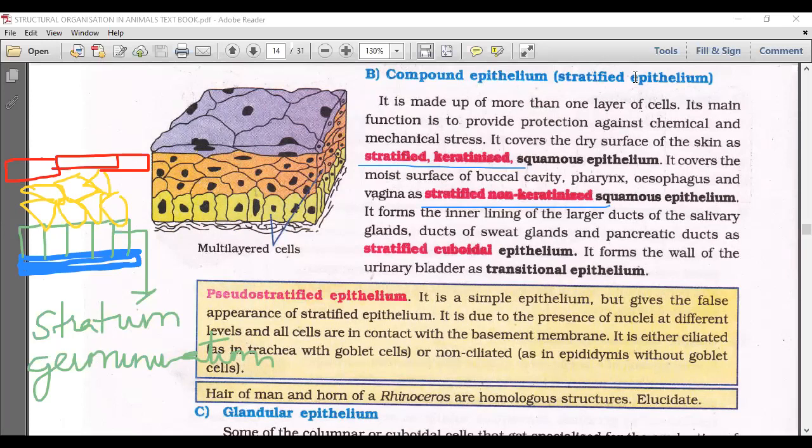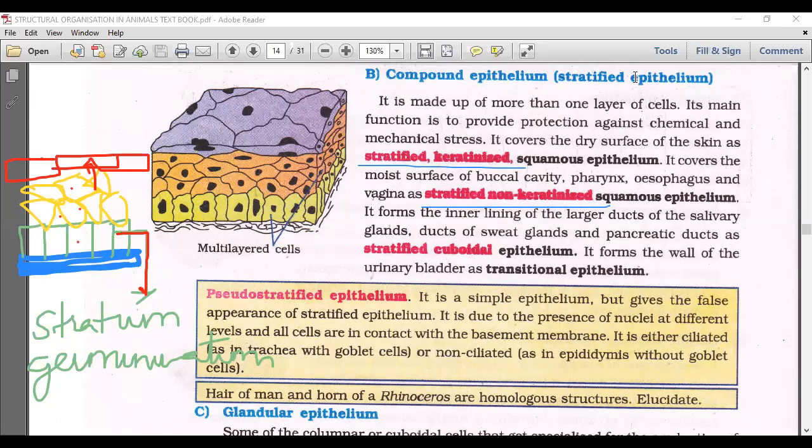So that means the germinal epithelium or stratum germinativum produces new cells. When the new cells are produced, the older row will go up, and when it goes up, it will become squamous on the upper surface. So the upper surface is squamous, hence we call it stratified squamous.